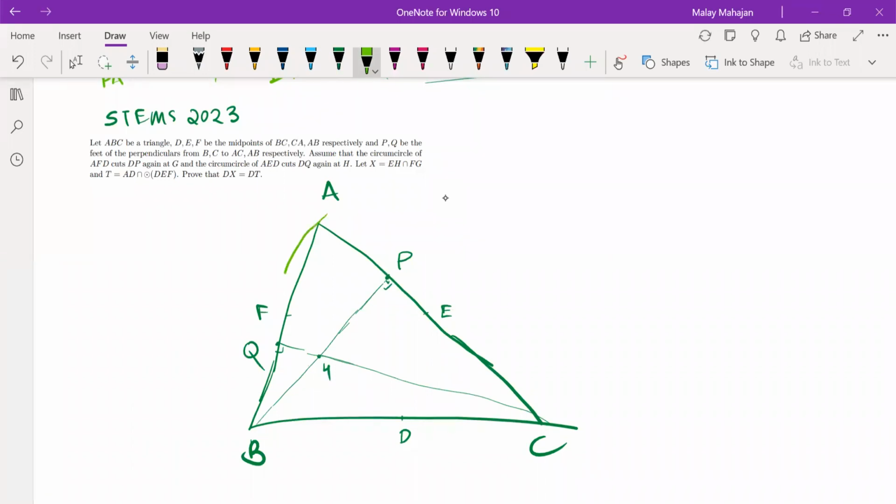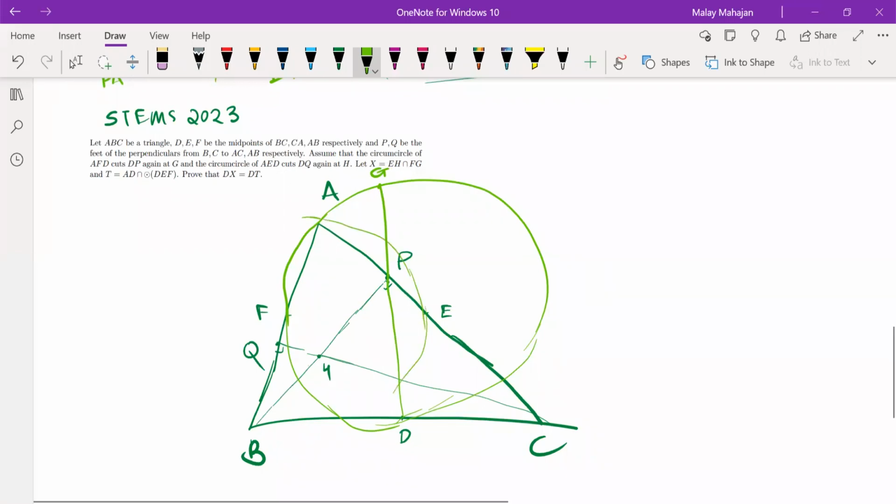EFD, E. Oh, drawing circles is hard. This is G and EFD, AED.